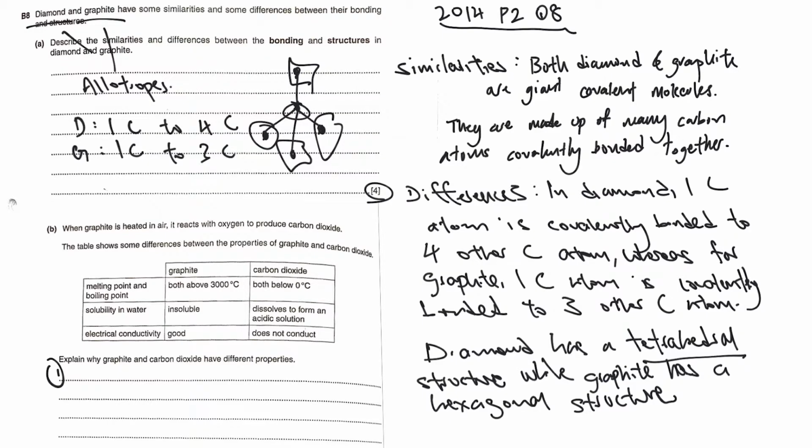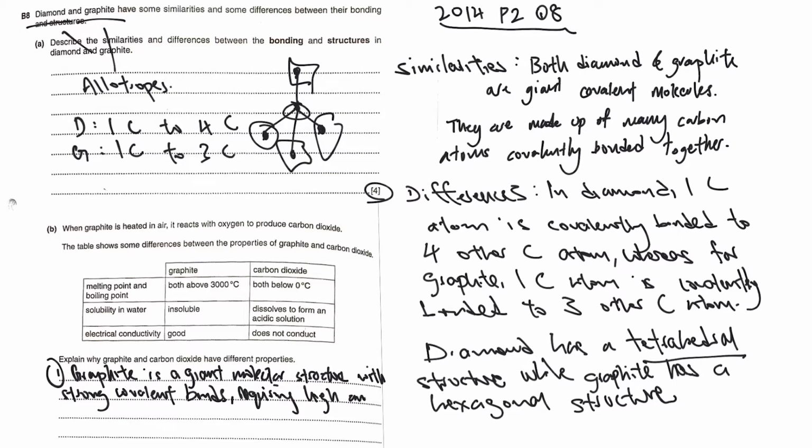The first point, we know that graphite is a giant molecular structure with strong covalent bonds, right? Strong covalent bonds requiring high amount of energy to overcome.